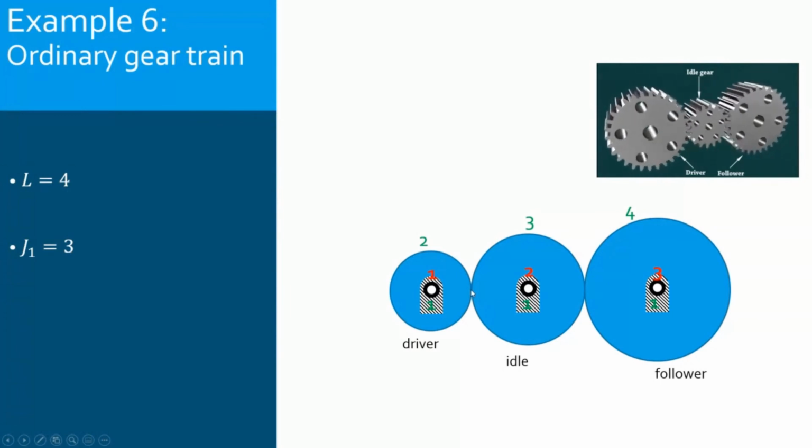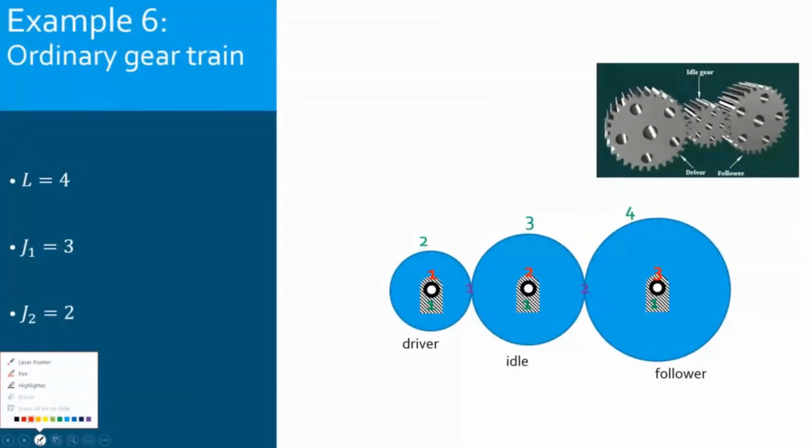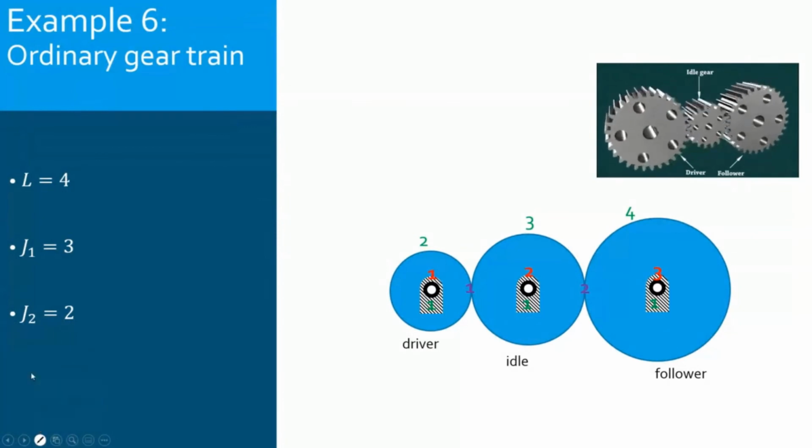One connection, one joint that allows 1 degree of freedom. Yes, I have one connection here between the gears.